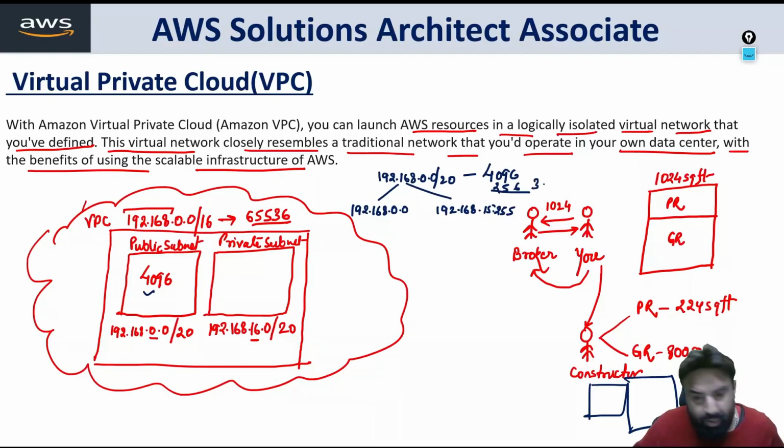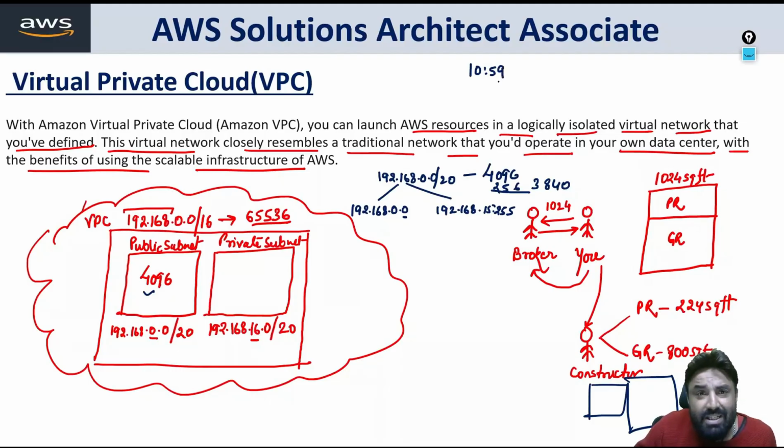So after deducting, 3840 IPs are left. Again it will move from 0, 1, 2, 3, and this will become 2. Hope you understand timings. Let's say it's 10:55, after 10:55 it becomes 10:56, then 10:57, 10:58, then 10:59.